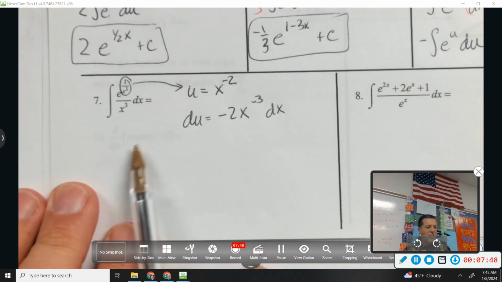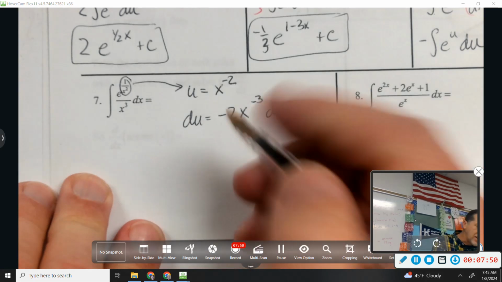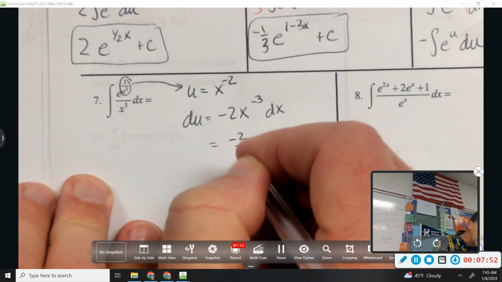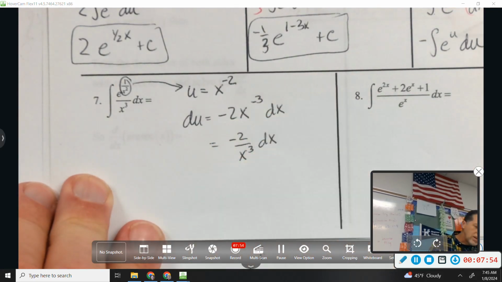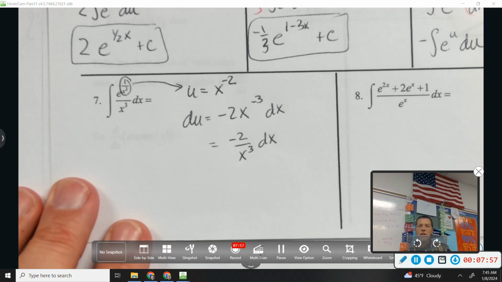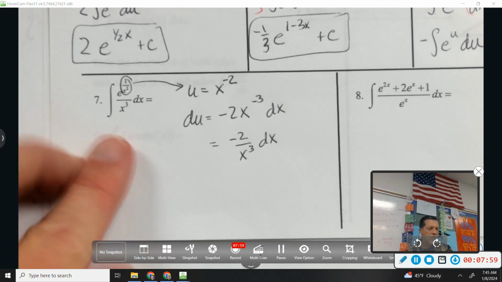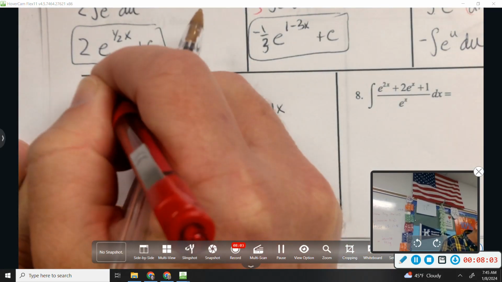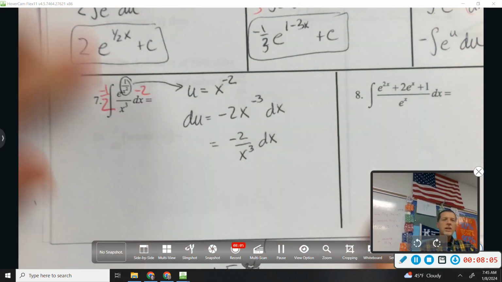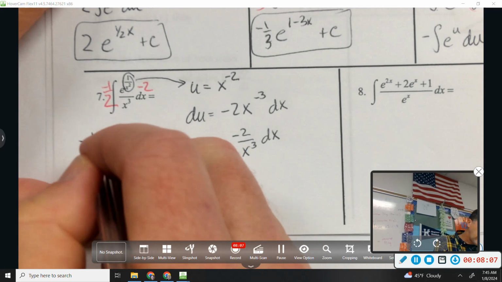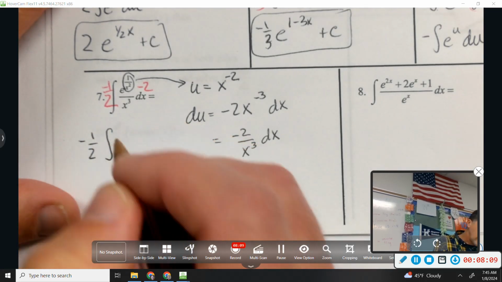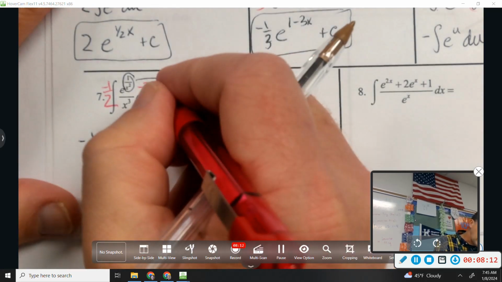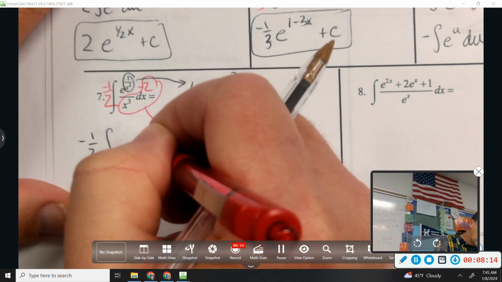And that doesn't match exactly, but it kind of does, because that would be negative 2 over x cubed dx. And so that we got that if we put a negative 2 in there, and then a negative 1/2 out front, and then all of this stuff is du.